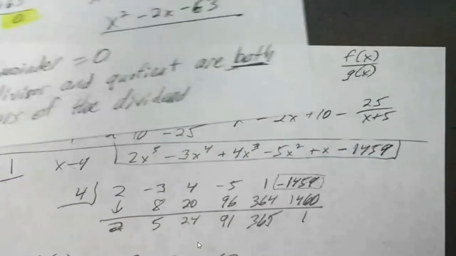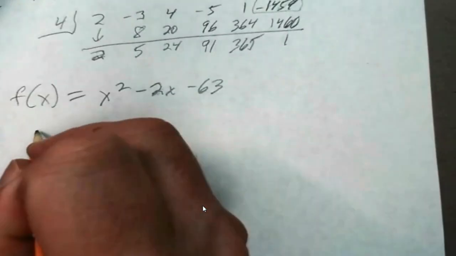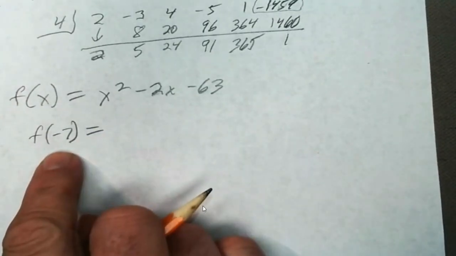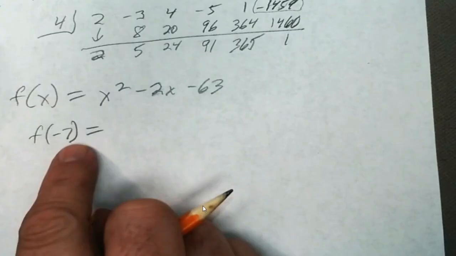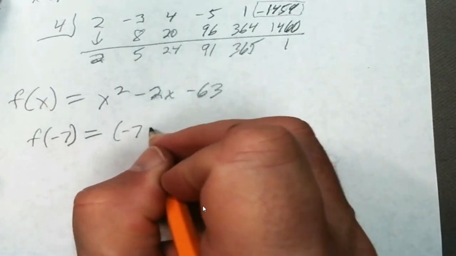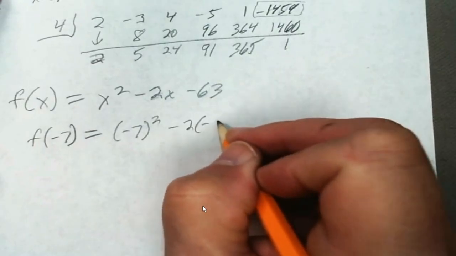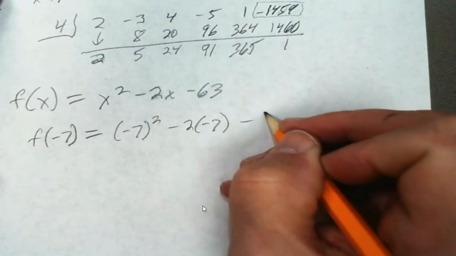I can go and substitute -7, right? This means substitute -7 squared minus 2 times -7 minus 63.